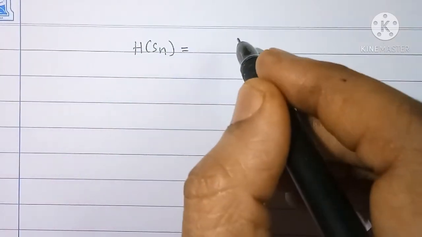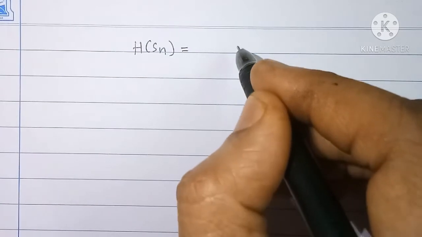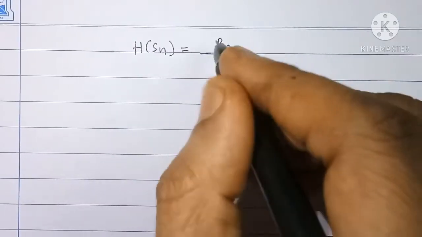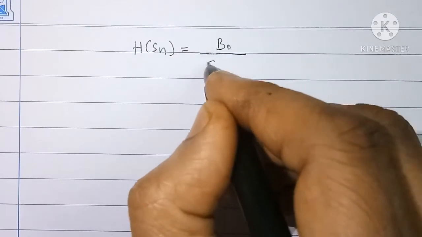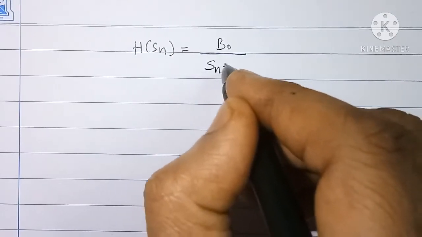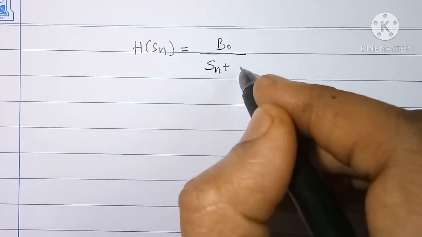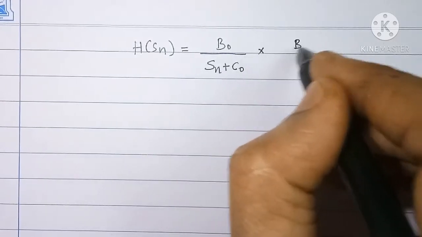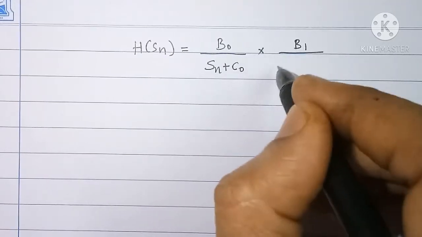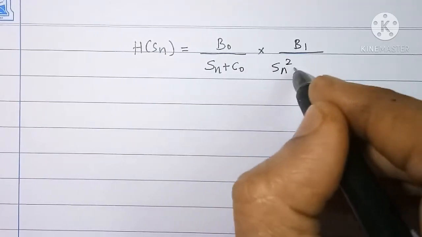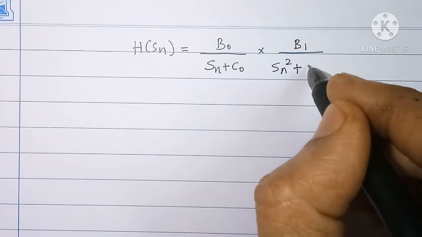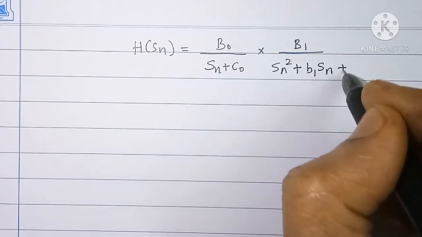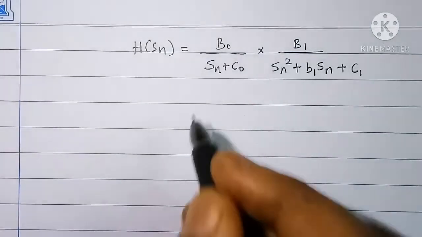H of Sn is equal to B0 upon (Sn plus c0) into B1 upon (Sn square plus b1 into Sn plus c1).